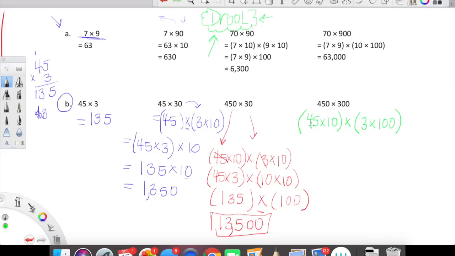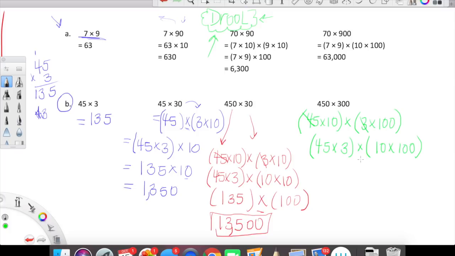Now we're going to rearrange things so that we can do this mentally. I'm going to rewrite the first expression as 45 times 3, and we're seeing this again. Of course, we figured out what 45 times 3 is at the very beginning. Then we're left with the expression 10 times 100.